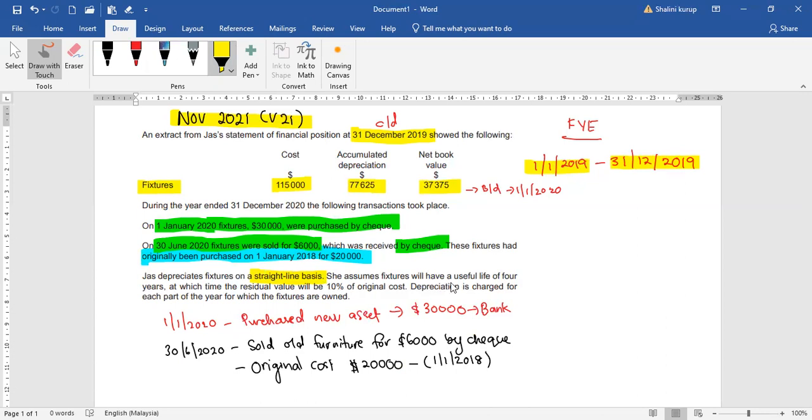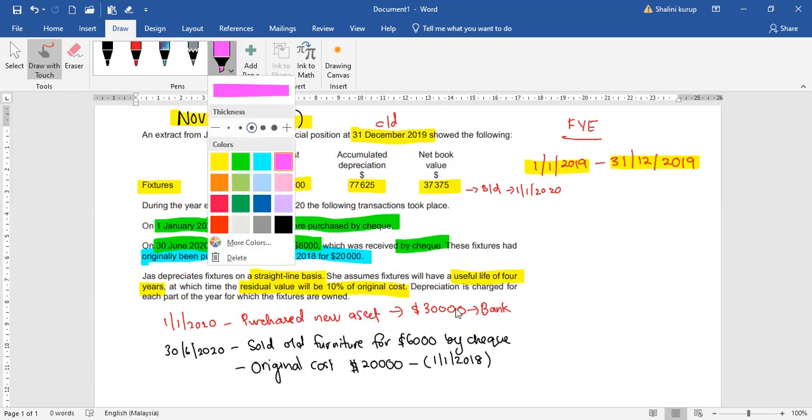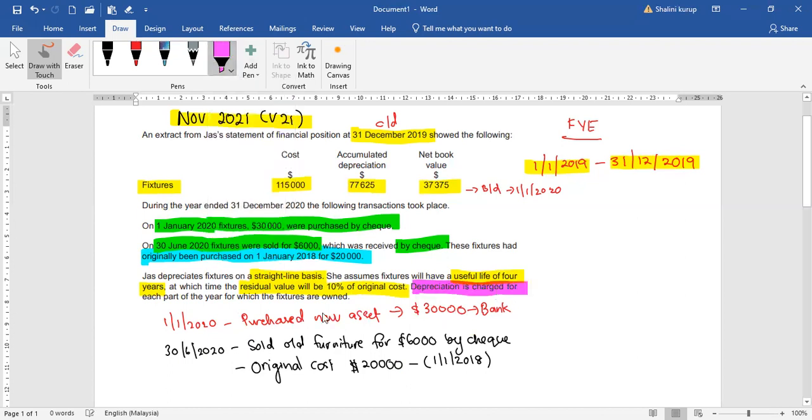If you read the question further, it assumes fixtures will have a useful life. See, they have given the words useful life of 4 years, at which time the residual value is 10% of the original cost. And very, very important, I'm going to put in purple: depreciation is charged for each part of the year for which the fixtures are owned.